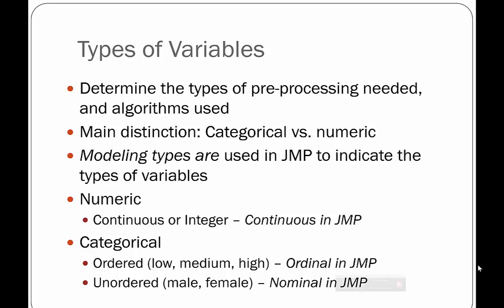And so transforming a variable, for example, a continuous variable to a categorical variable, is oftentimes something that's very beneficial in terms of helping us understand what it is that we're after with the data mining.